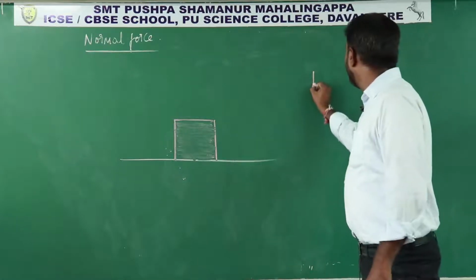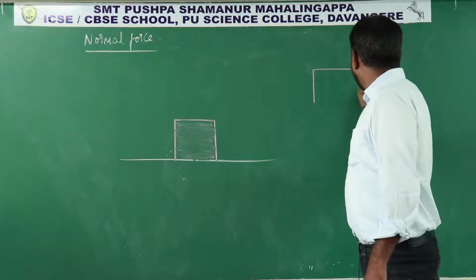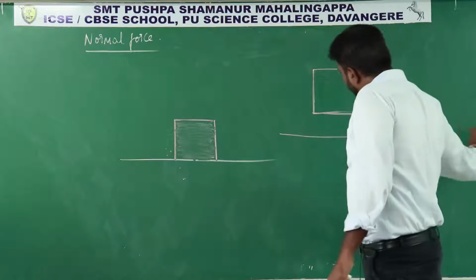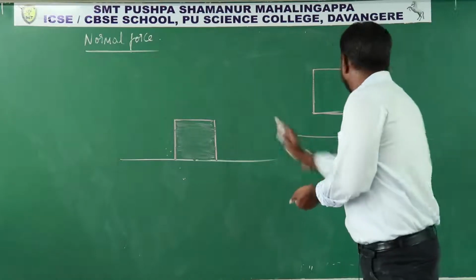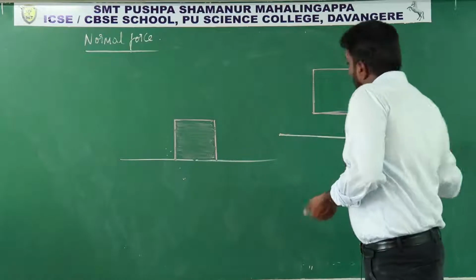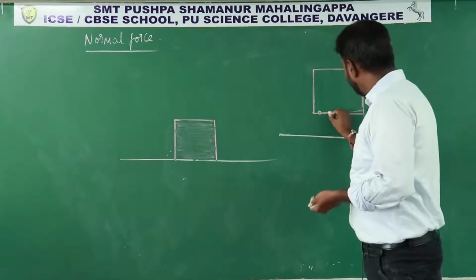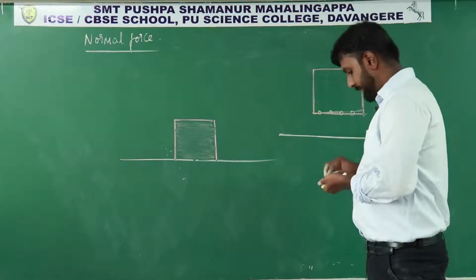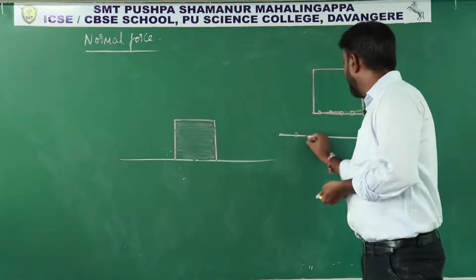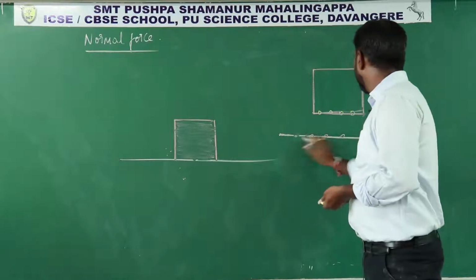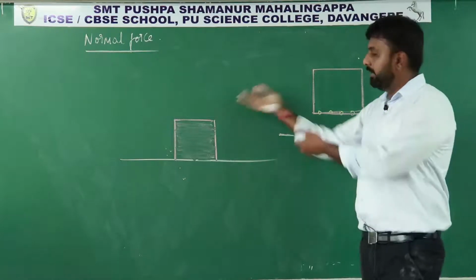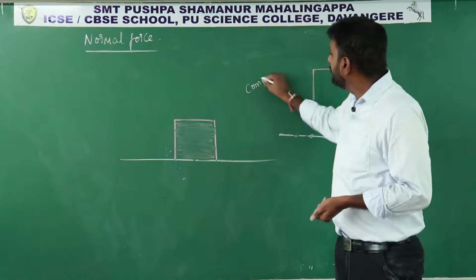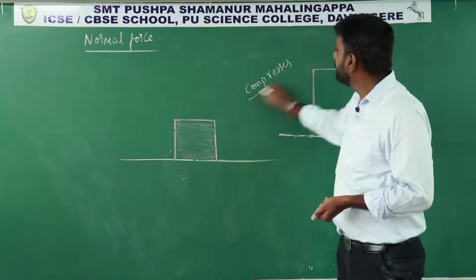That means if I draw the block and the surface separately like this, you can imagine like in the previous example, these are the atoms of this block and these are the atoms of the surface, right? Then when the block is placed on this surface, the block compresses the surface.